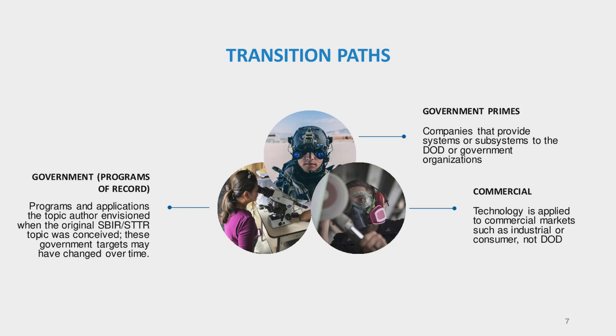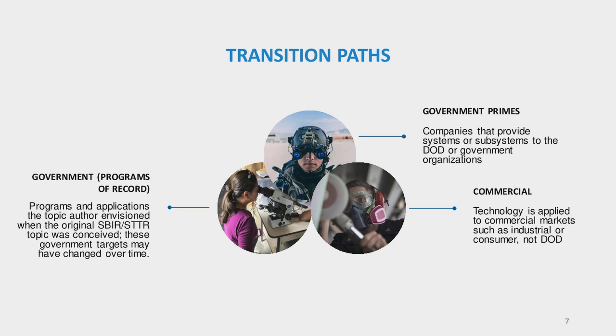These programs typically take about three to five years to take shape, and they often include some type of a competition or a shoot-off. And the nature of the acquisition programs is that they generally go to that list of companies that you think of as the DoD primes, because the programs are often large enough and complex enough that these are the companies that are specialized to do that.